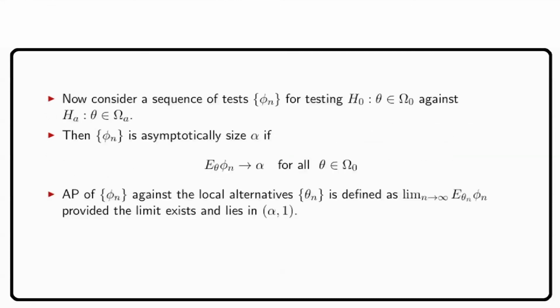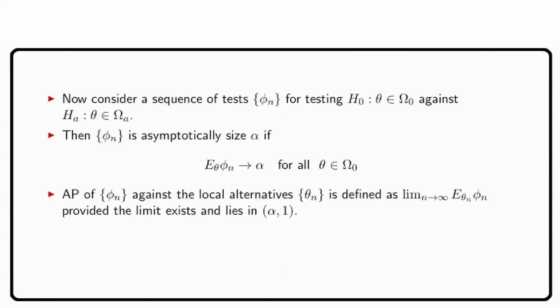Now consider a sequence of tests phi n for testing H0 that theta belongs to omega naught against HA that theta belongs to omega A. Then phi n is asymptotically size alpha if the expected value of phi n under theta tends to alpha for all theta belonging to omega naught. Then the AP of phi n against the local alternative theta n is defined as the limit, n tending towards infinity, of the expected value of phi n under theta n, provided the limit exists and it lies in the open interval (alpha, 1).